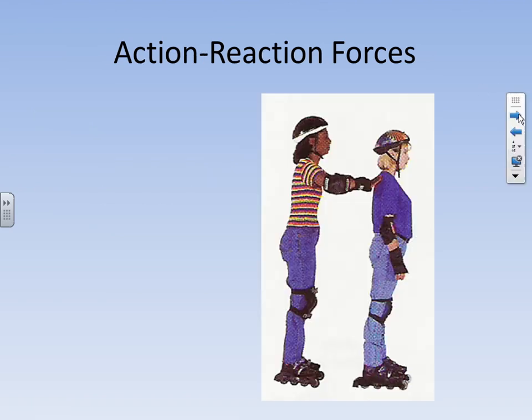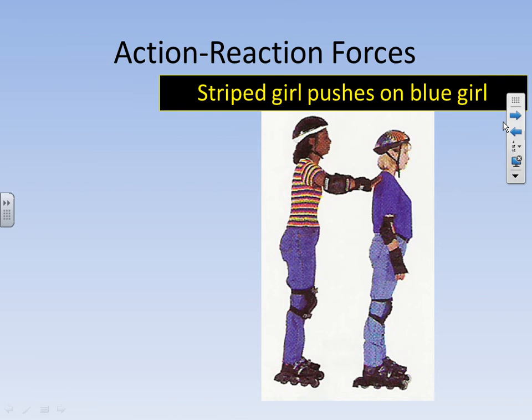So, all right. Here's striped girl and blue girl, both wearing some sweet rollerblades and a lot of protective equipment because you gotta be safe, right? So, striped girl pushes on blue girl. We would say that striped girl pushes blue girl.